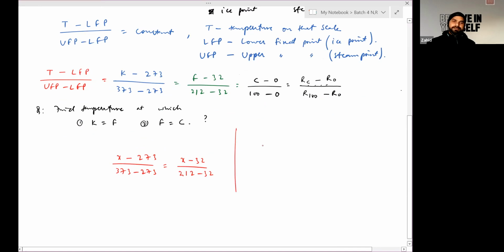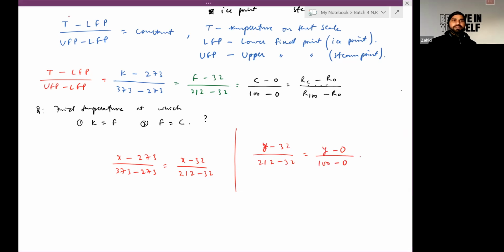Similarly, in the second part, take Y and simplify it. Try to solve.